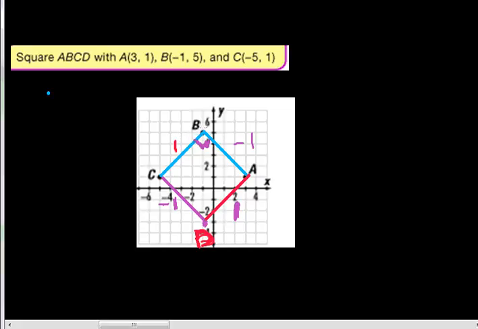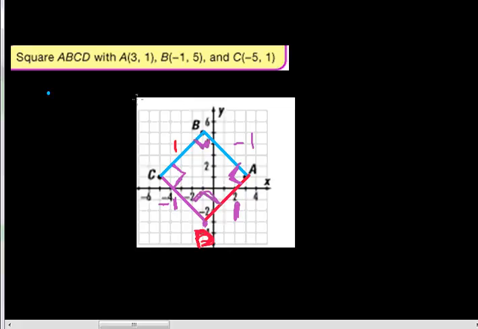Therefore, yes, slope BC is perpendicular to BA. Let's keep looking. -1 times -1 is also equal to -1. So these two are perpendicular. 1 times -1, the product of them is equal to -1. And again, the products of these slopes are equal to -1.